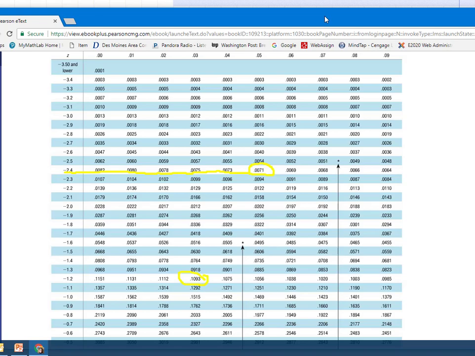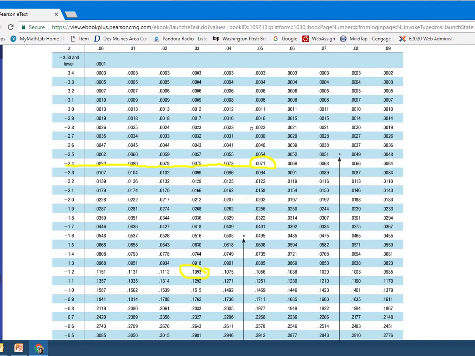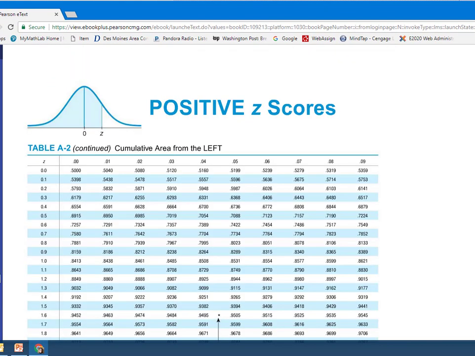And let's just go back to the picture. Notice our 95% is to the left. That's how the table works. So I'm going to go to the next page, to my positive page, and I'm going to search in the body of the table for the number that's closest to 0.95. And can you see it's right here?